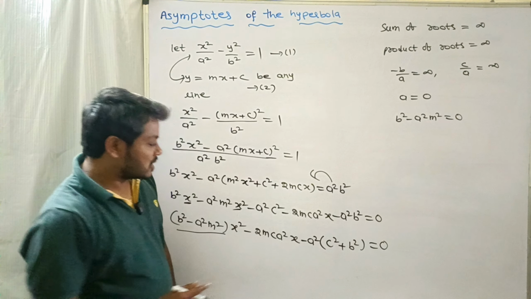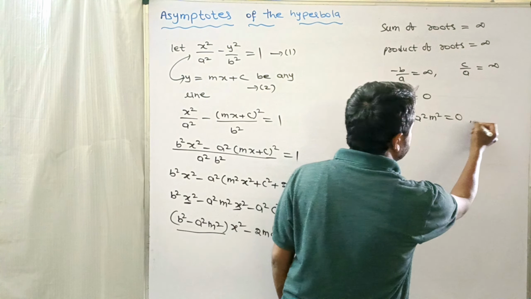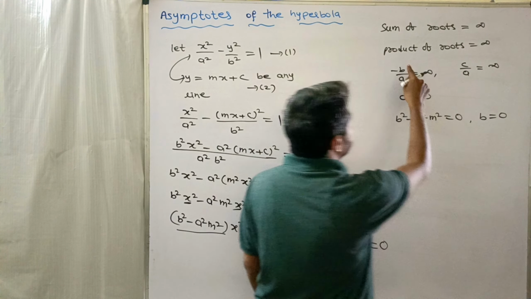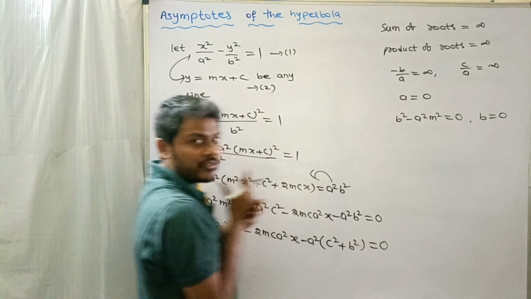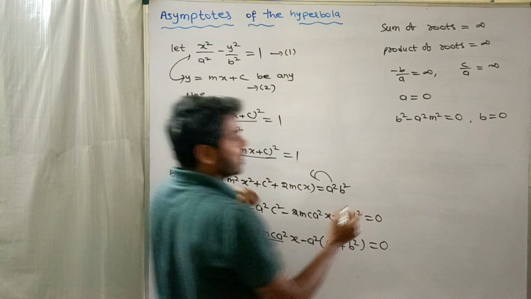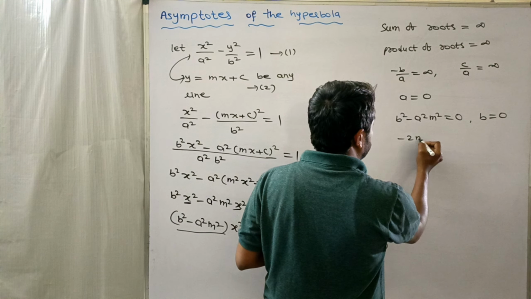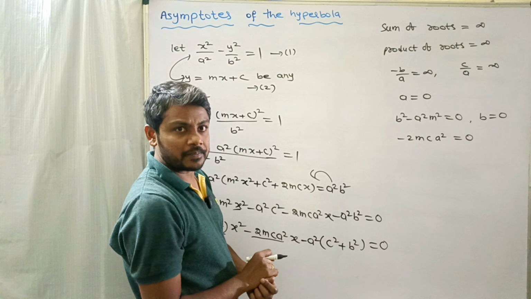Okay. So next, if b is 0, then it is also 0 by 0, infinite. So b means the coefficient of x is 0. What is the coefficient of x? Minus 2mc a square. So minus 2mc a square equals 0.